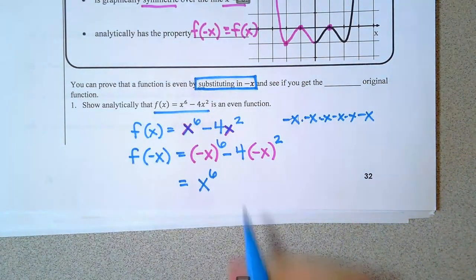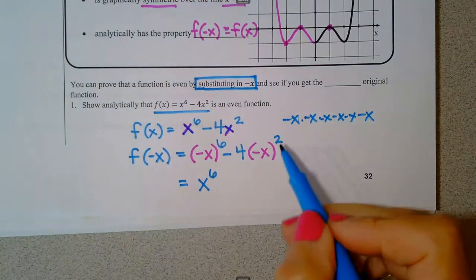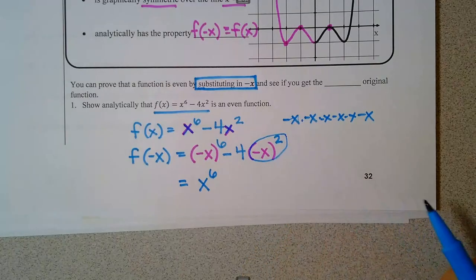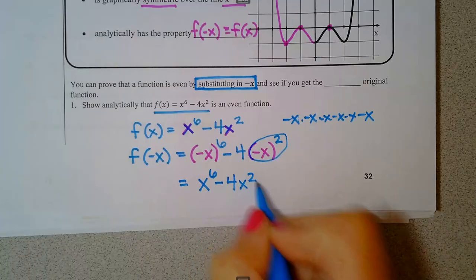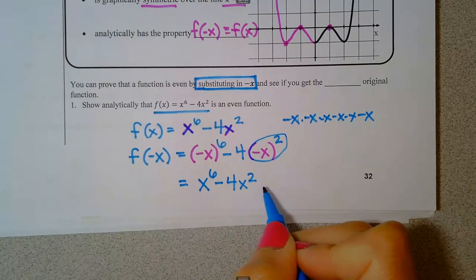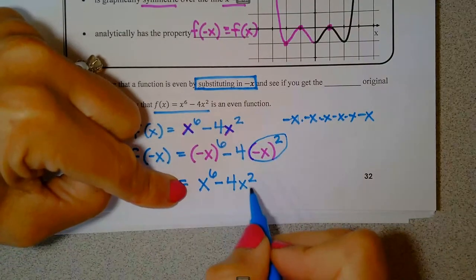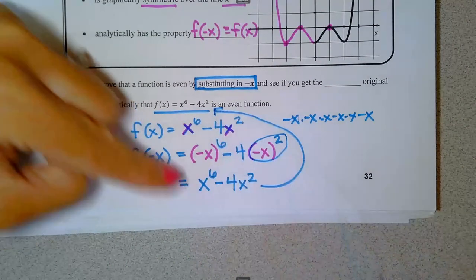Okay? And then what about this? So PEMDAS, you have to do exponents first. So what's negative x squared? x squared, and so it would just be minus 4x squared. Okay, so now you have to look back up. So now you're going to take this answer and you look back at the original.